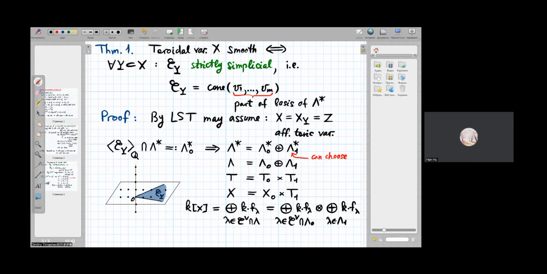So the first tensor factor is exactly the coordinate algebra of X naught. And the second tensor factor is exactly the coordinate algebra of the torus T1.